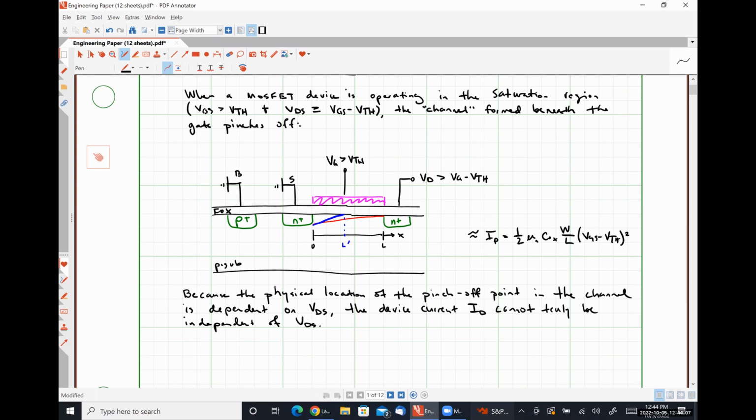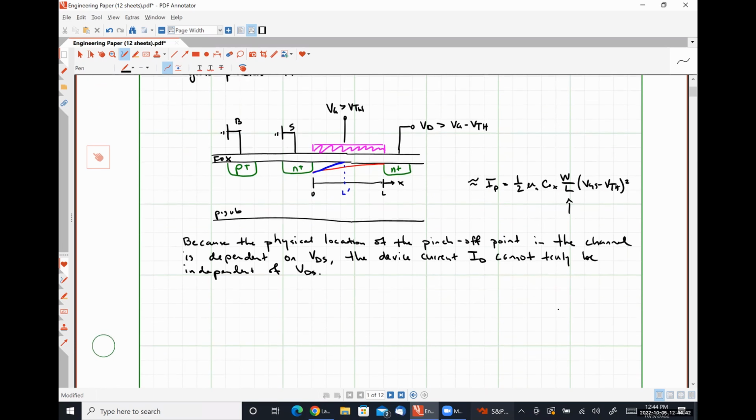So effectively, from a mathematical perspective, we are screwing up the boundaries of our integration. Okay. What this manifests itself as is a change in the relative length of the channel. And as the relative length of the channel gets smaller, we should expect the current to increase slightly. And this is a fairly linear relationship.